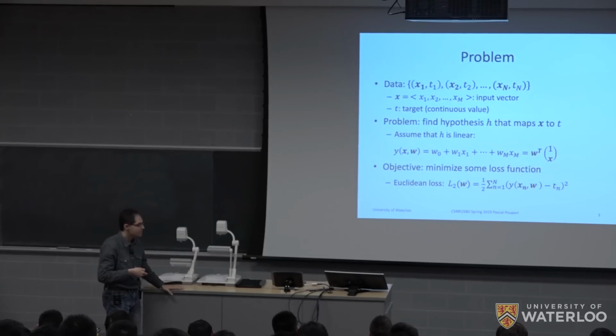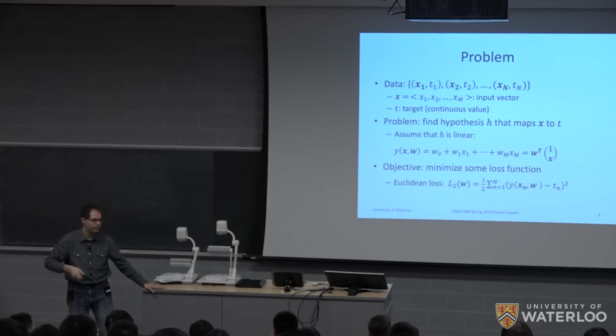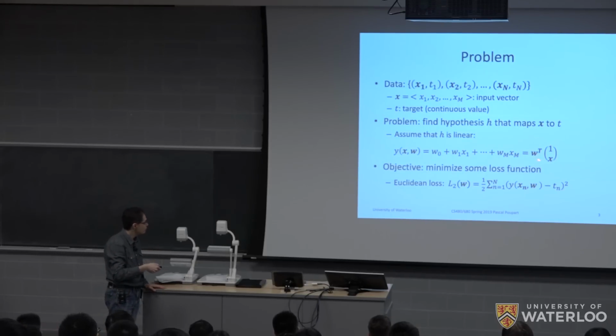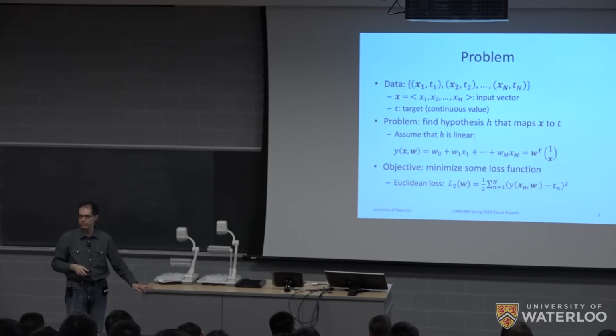Now if I want to write this in matrix form or vector notation, I can bundle all the weights into a vector w. Here I'm using w transpose to mean that it's a row vector. I would multiply this row vector by a column vector that includes a 1 and then x, the column vector of all the inputs.